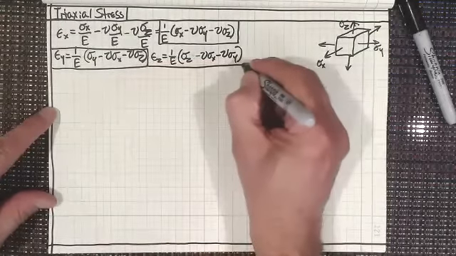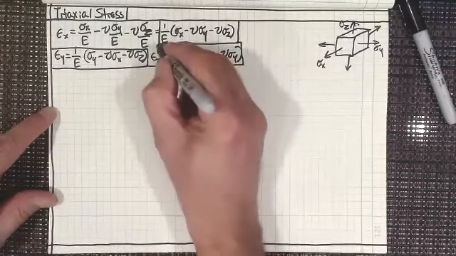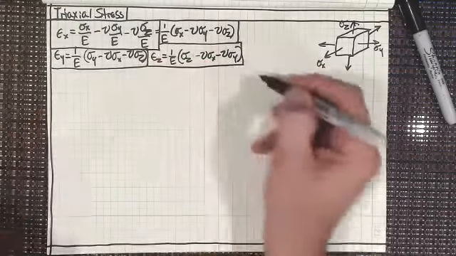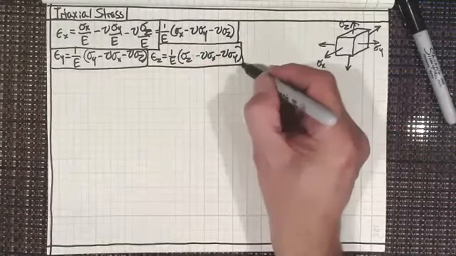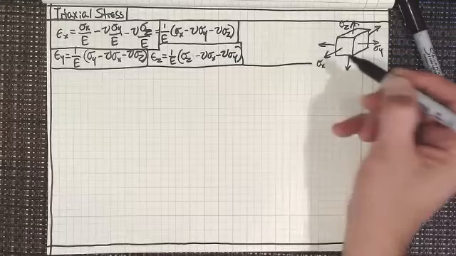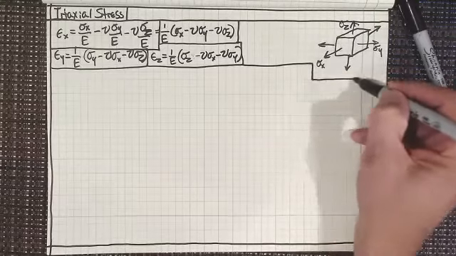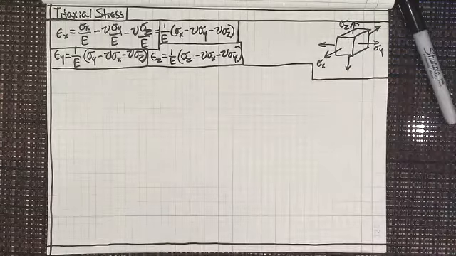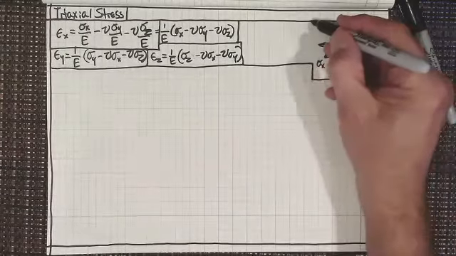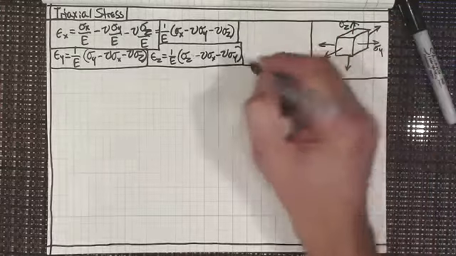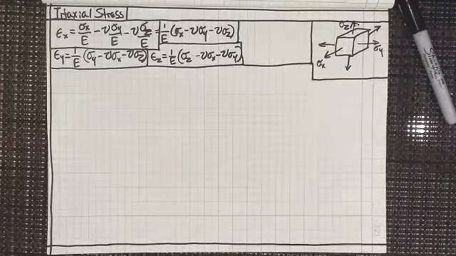So those are our three equations for strain for triaxial stress. And that's what I wanted to look at. So I might even cut this out and leave that for something that we might need in the problem that we're going to be doing.